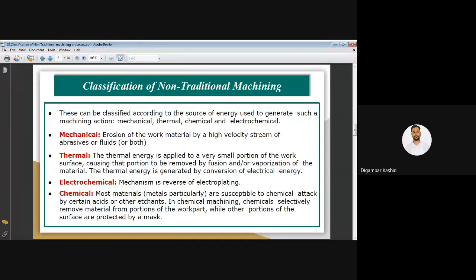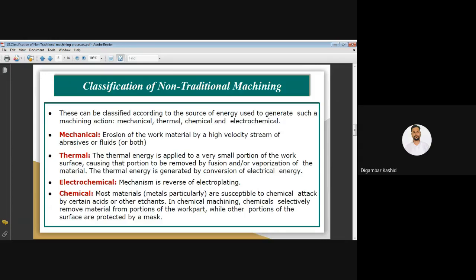Only in the case of non-conventional machining processes, you can use mechanical type advanced machining processes and mechanical type finishing processes for all kinds of materials. Mechanical machining processes are different, and mechanical type finishing processes are different.